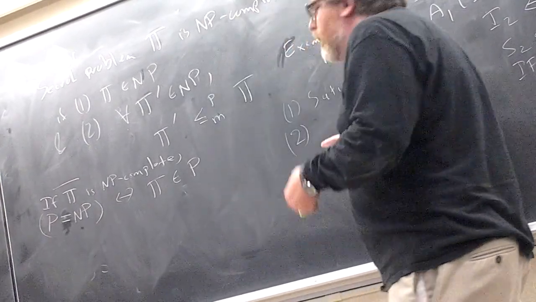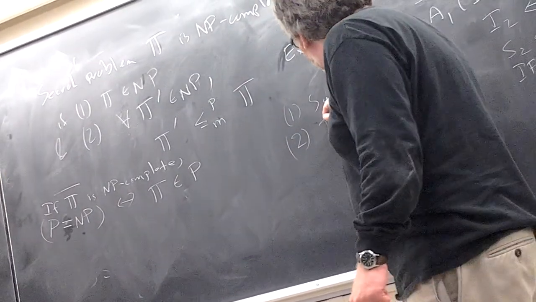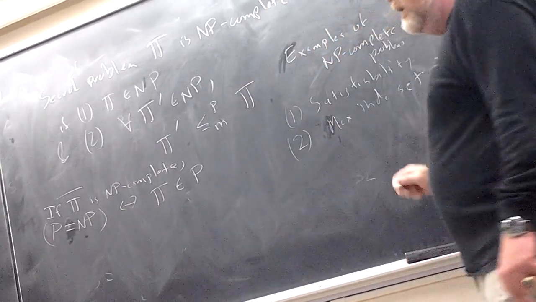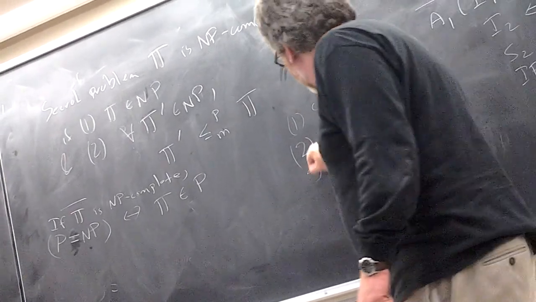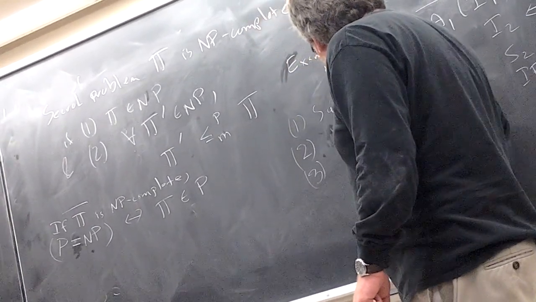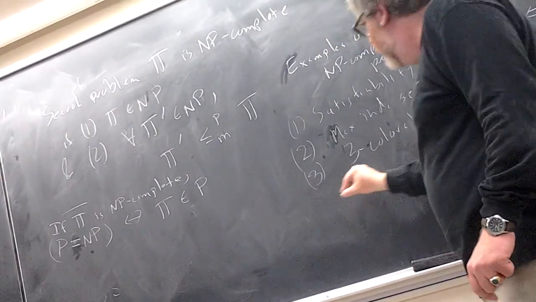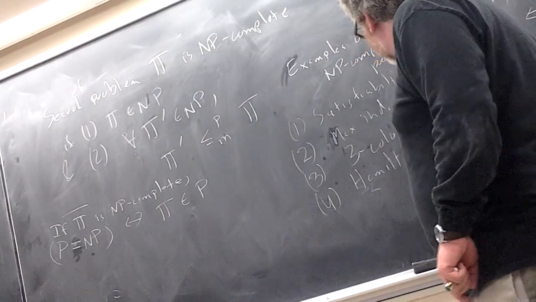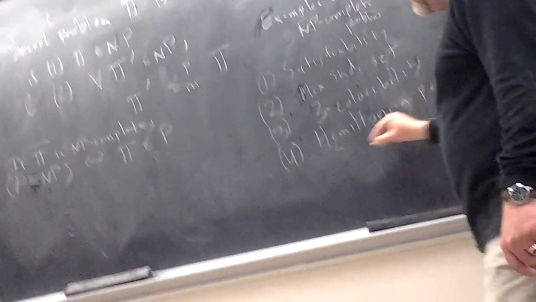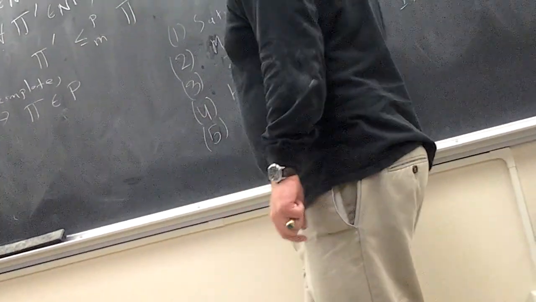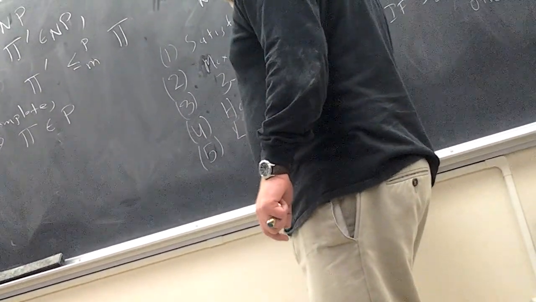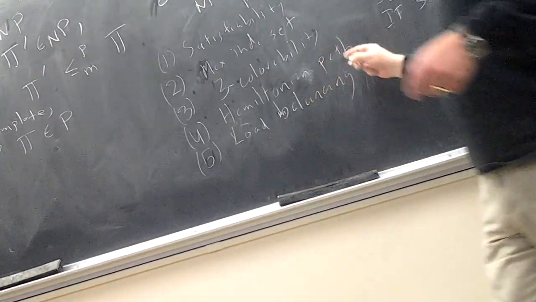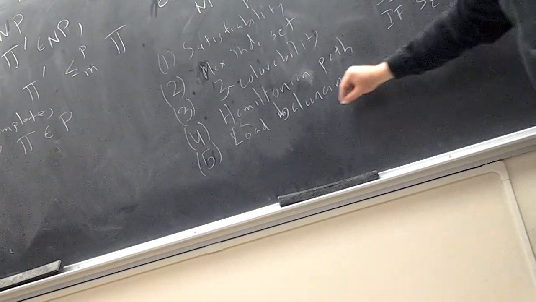But there are also other much more combinatorial problems, like maximum independent set is NP-complete. Three-colorability is NP-complete. Hamiltonian path. The two-machine load balancing problem is a numerical problem that's NP-complete. And the list goes on and on.